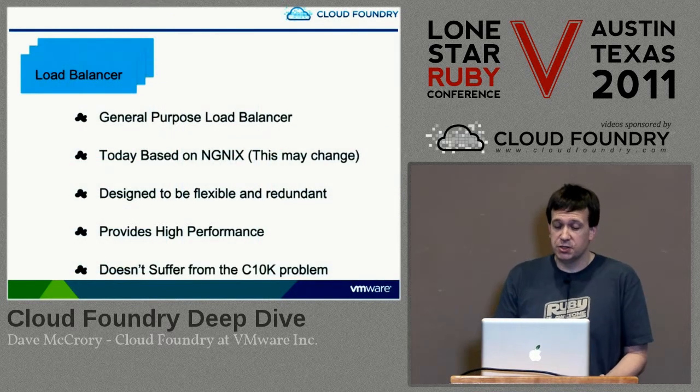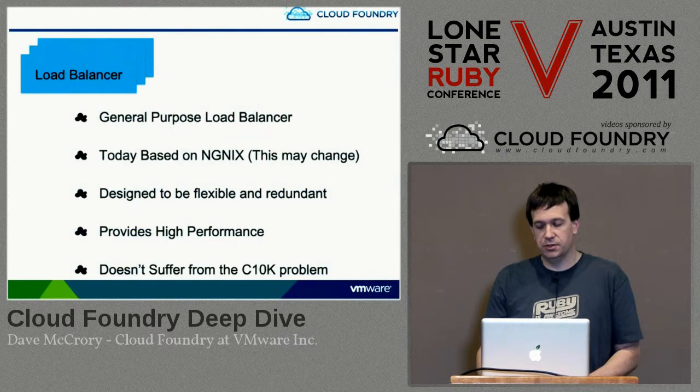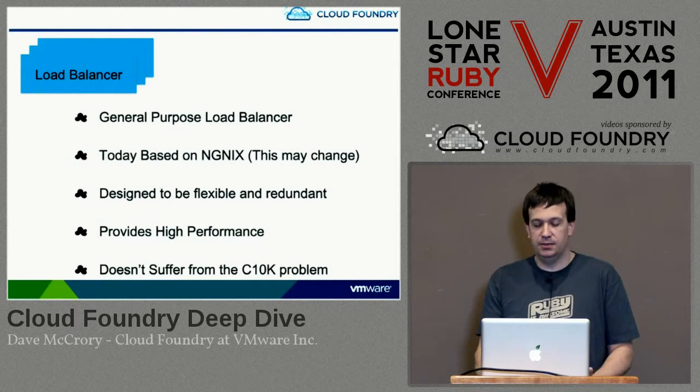So the load balancer acts as a general purpose load balancer strictly for balancing load. It's based on Nginx today, very high performance. If you're not familiar with Nginx, it doesn't suffer from the C10K problem, and effectively that's because it works on an event loop.